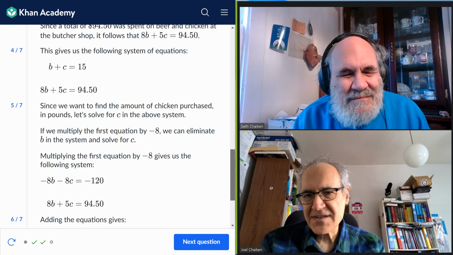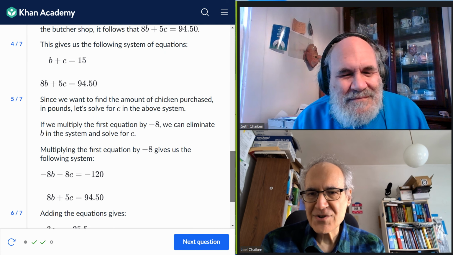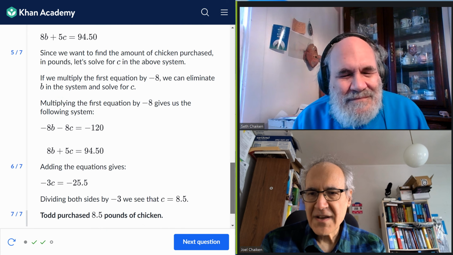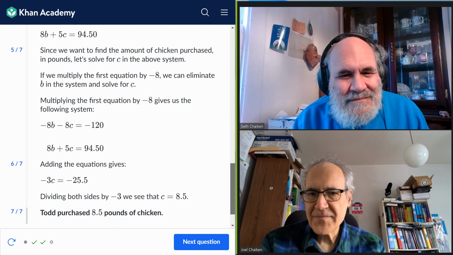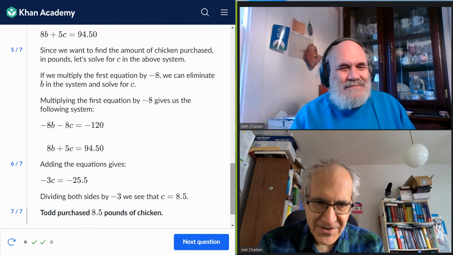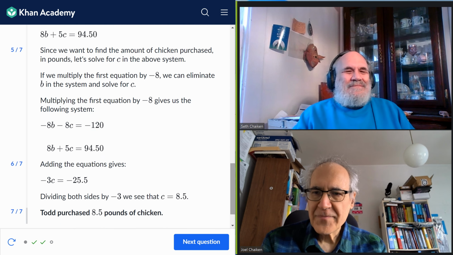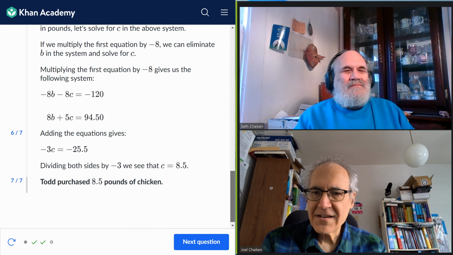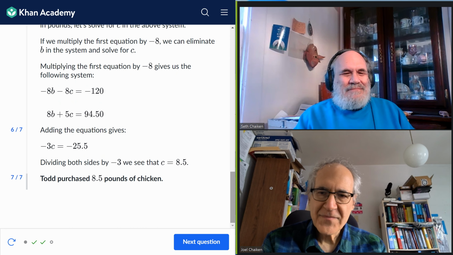So they're using a slightly different way of solving the 2 equation, 2 unknown problem. This is standard elimination. We multiply one of the equations by -8. Then you add the 2 equations together. And then you basically get that. And so it's pretty standard.